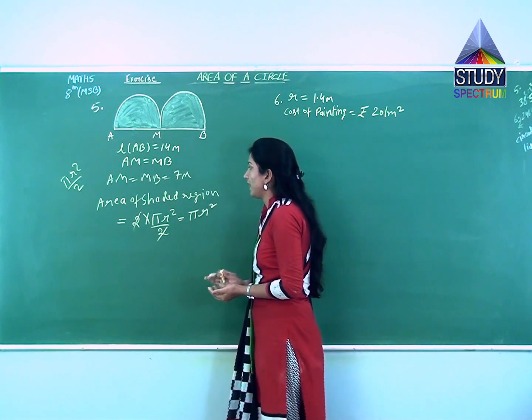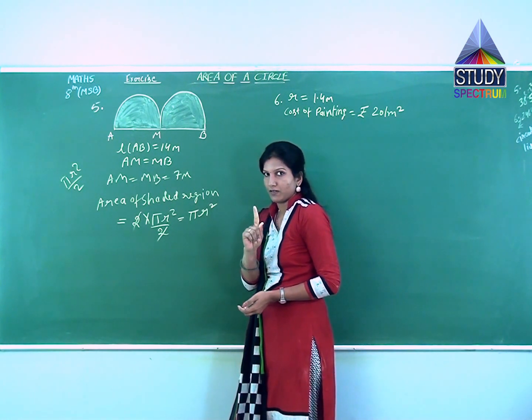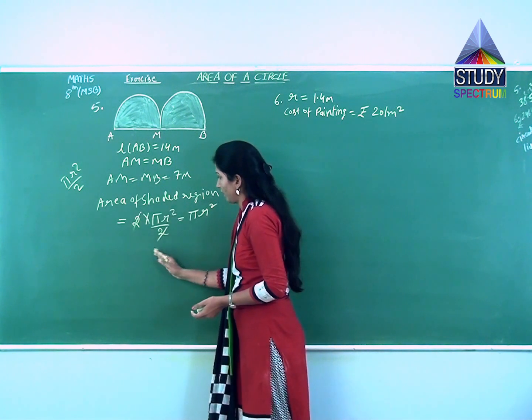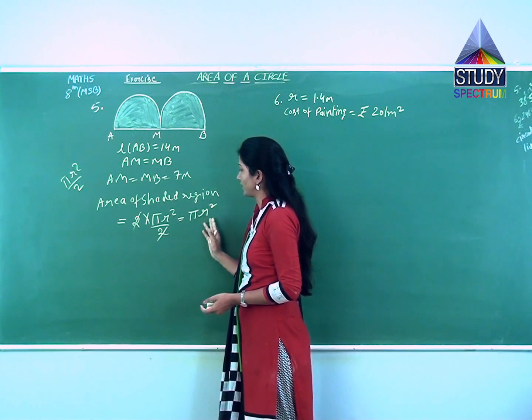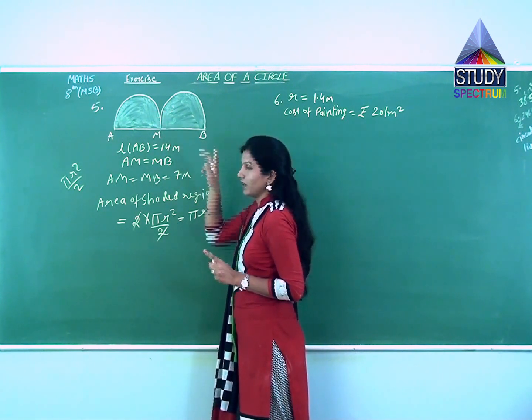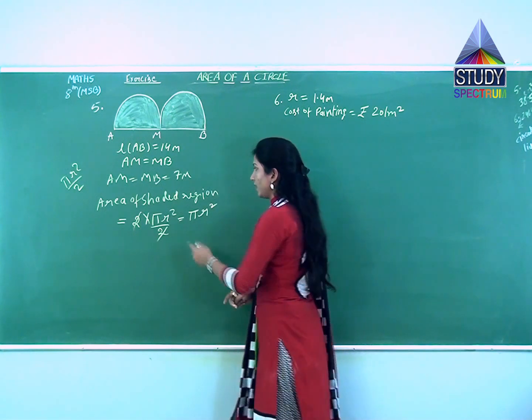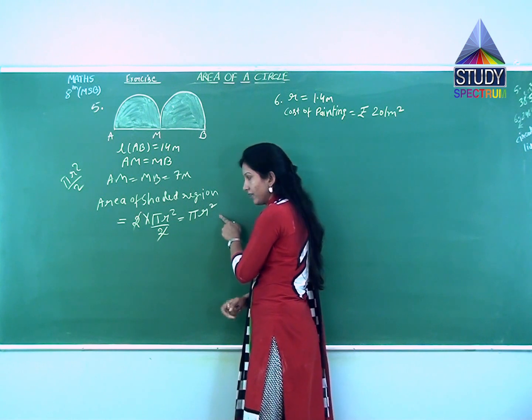So we can simply apply the formula of the area of one circle. If you are not able to understand this, you can simply apply the formula for the area of a circle, because these two semicircles make one complete circle. So here the area of the shaded region will be equal to pi r square.